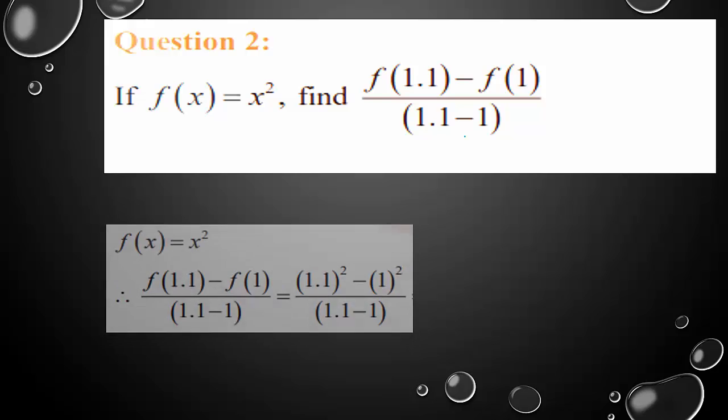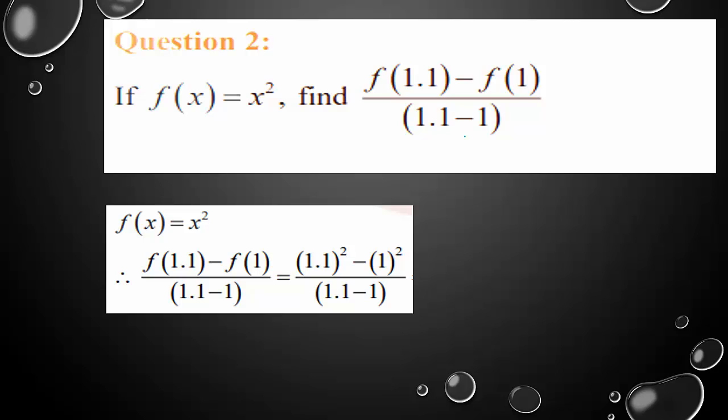The given function is f of x equal to x square. So f of 1.1 is 1.1 square, f of 1 is 1 square, and the divided by term, 1.1 minus 1, is written as it is.